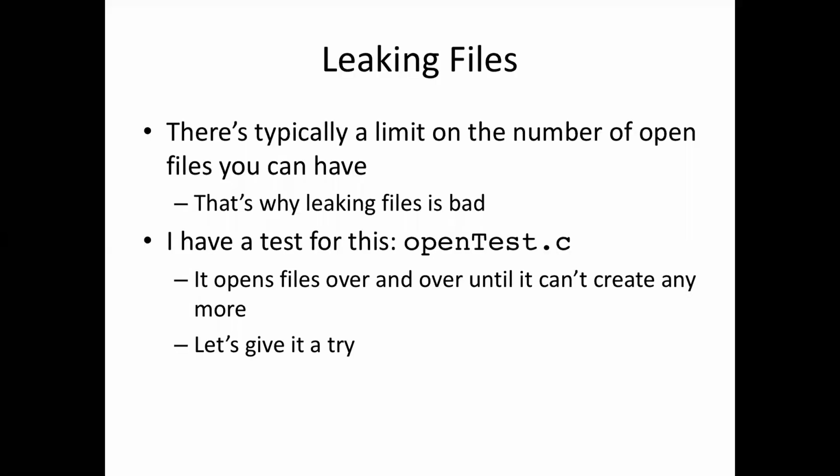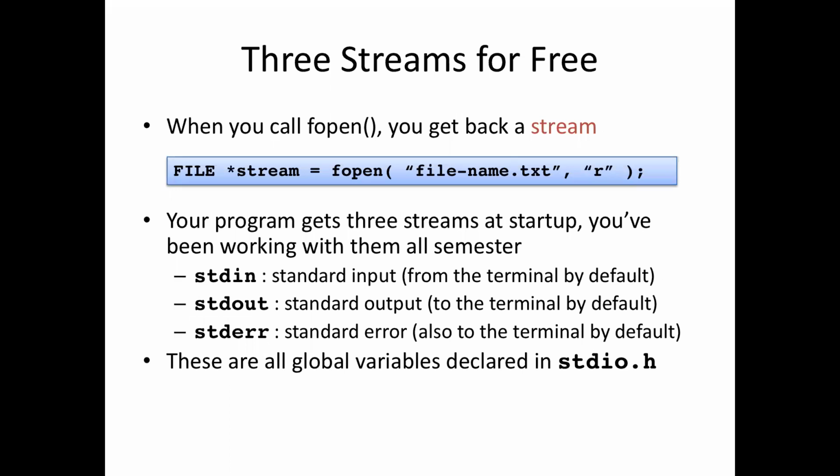I wanted to talk a little bit about that. It seemed kind of weird where we hit the limit. It was 1,021, which seems like an unusual number, but it's awfully close to a nice round number in binary. In binary, 1,024 is 2 to the 10th. We're 3 away from that. And the reason is, because when our program started up, and you know this already, we already had 3 streams.